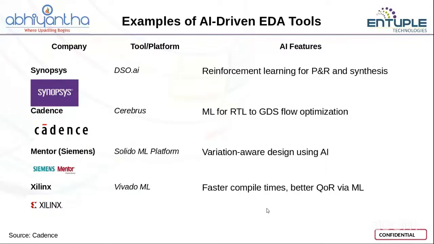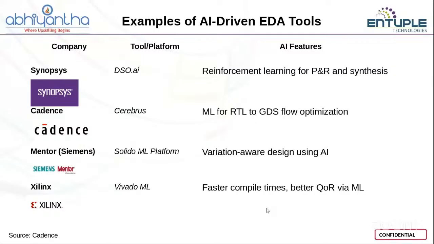On our side, Cadence, we are using the Cerebrus tool and machine learning for complete RTL to GDS flow optimization. From RTL to GDS there are many stages, and we are trying to optimize all these stages through Cerebrus.